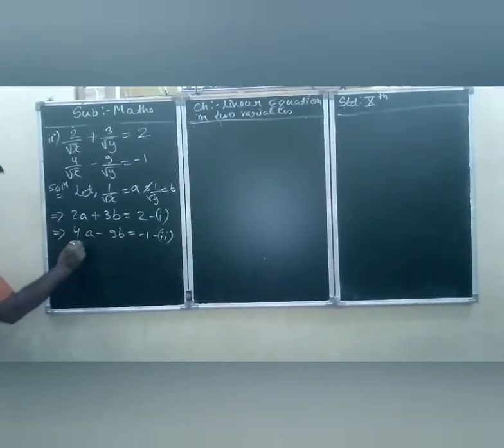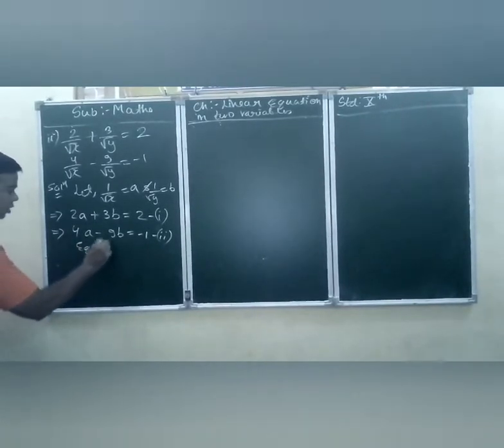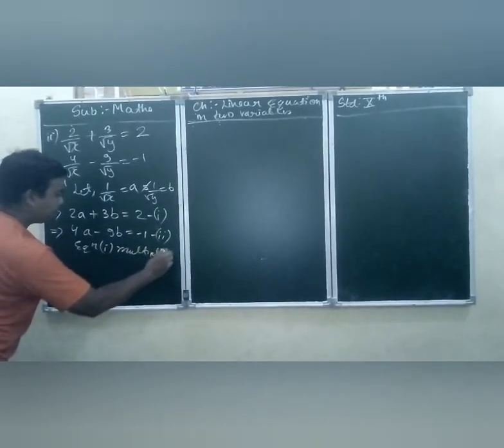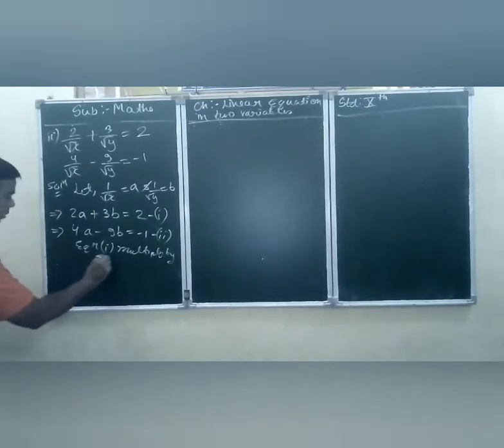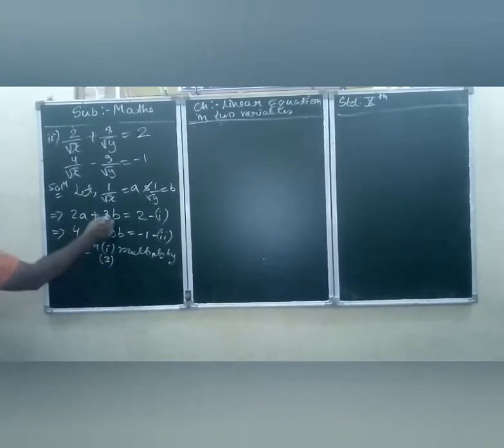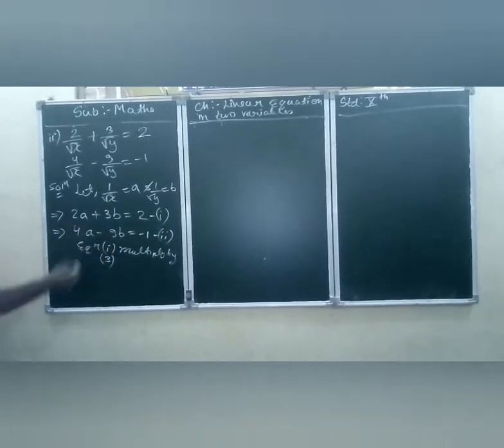So first of all, equation first, multiply by 3. Why multiply by 3? Because 3 times 3 is 9, then these terms are equal and the signs are different.